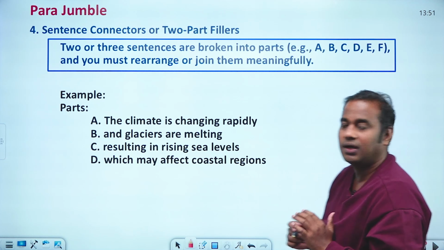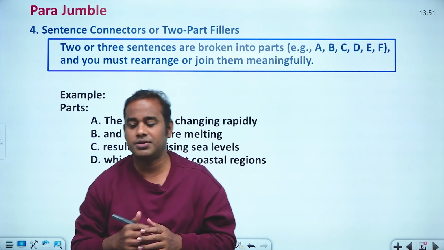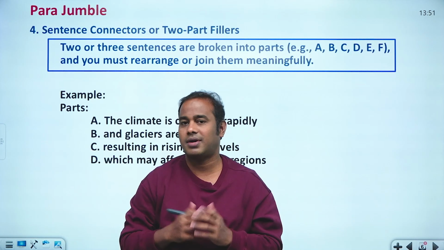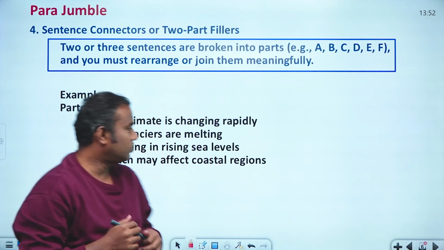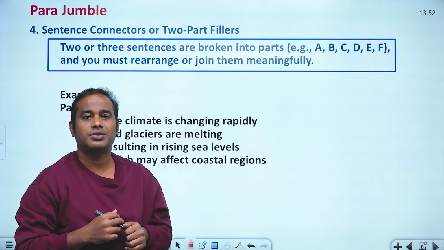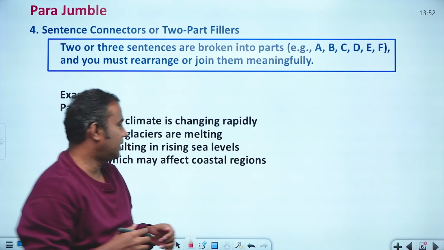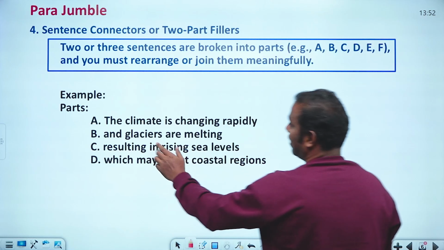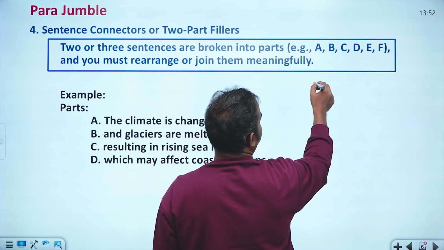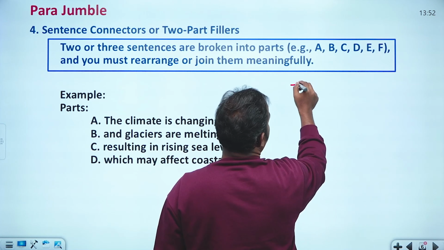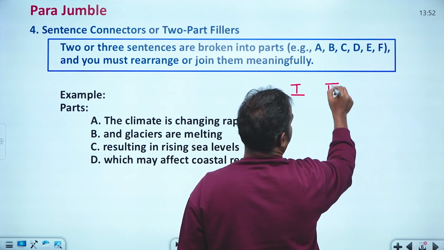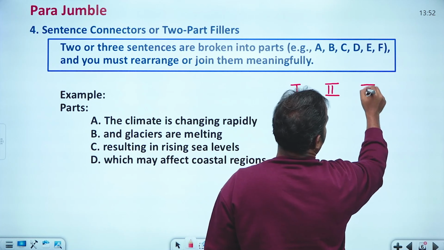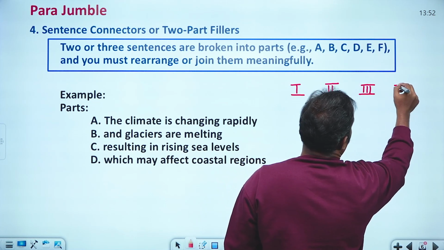If you look at the combinations, all these combinations look like right combinations here. So which is the right combination? That you need to identify. To identify the right combination, first of all, make an arrangement like this: 1, 2, 3, and 4.